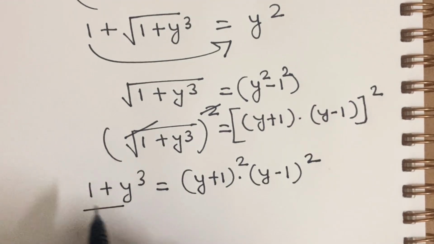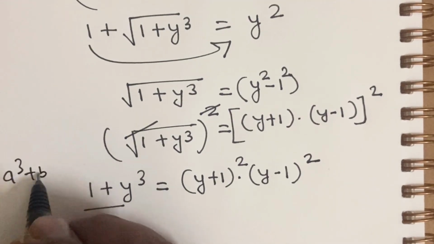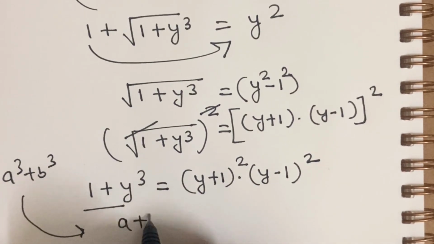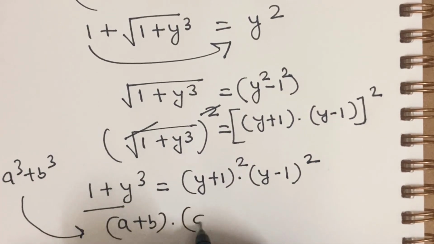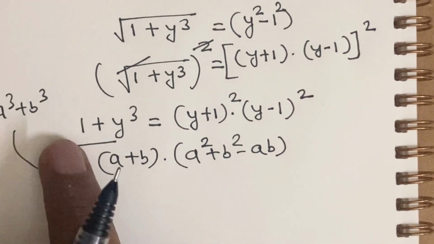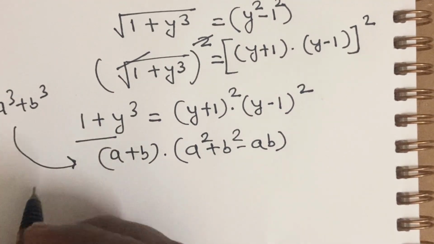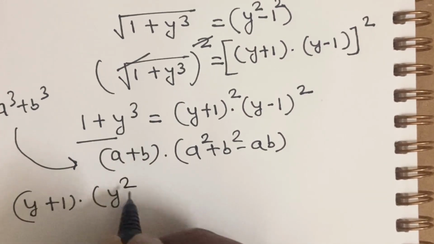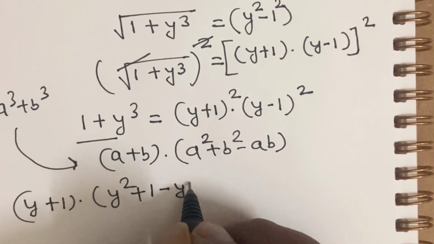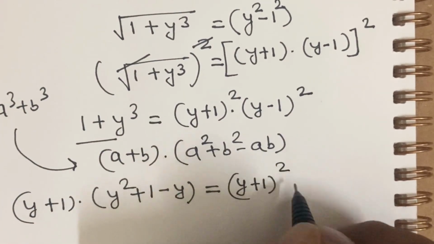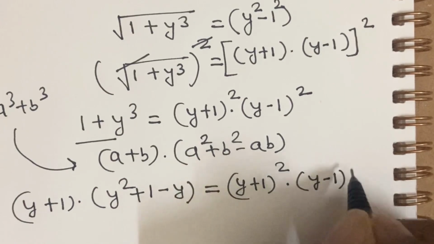So now this is in the form of a cube plus b cube. So a cube plus b cube is equal to a plus b multiplied by a square plus b square minus ab. So 1 plus y cube can also be written as y plus 1 multiplied by y square plus 1 minus y, which is equal to y plus 1 squared multiplied by y minus 1 squared.